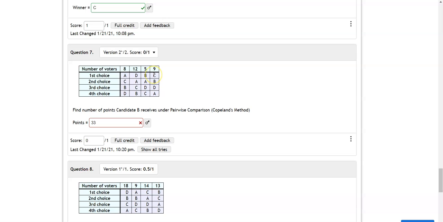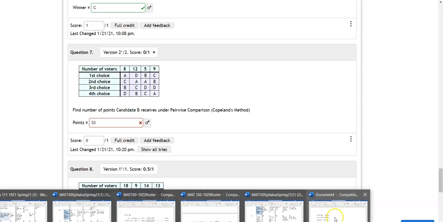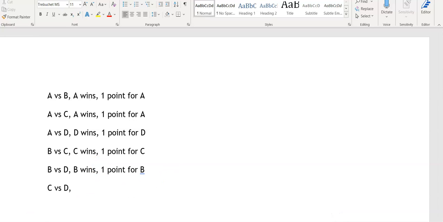Now they both have 17, so it's a tie. Sorry, a dog in the background. So what we have here is C and D tie, which means they each get a half a point. So 1/2 point for C and 1/2 point for D.